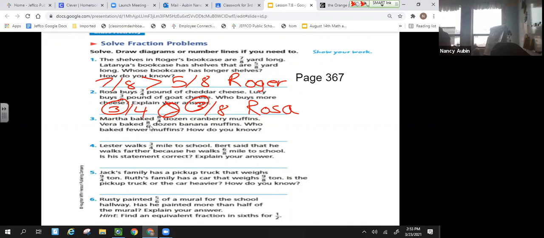All right, number 3. Martha baked 8/4 dozen cranberry muffins. Vera baked 8/6 dozen banana muffins. Who baked, this time they're tricking us, who baked fewer? All right, Sawyer, you up for it? Let's see if we can beat Sawyer.